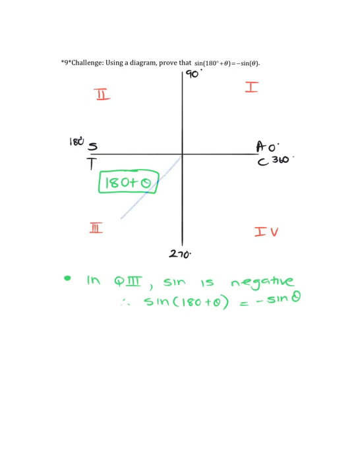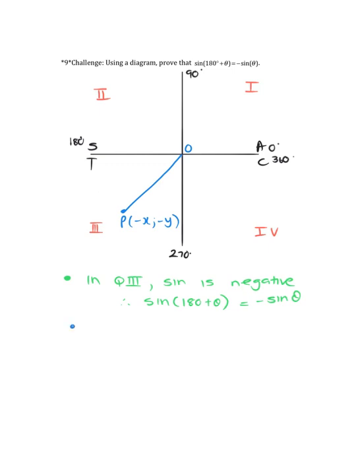drew that terminal arm, the radius, right? They drew from the origin, they created a point, right, that they would have labeled, so the x values are going to be negative and the y values are going to be negative because of where we are on the Cartesian plane.